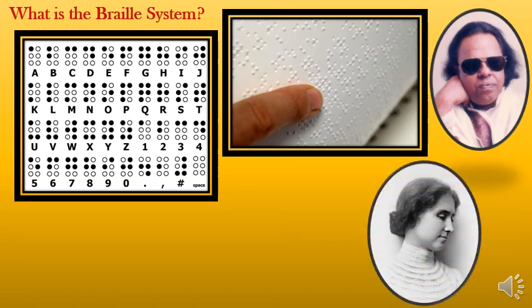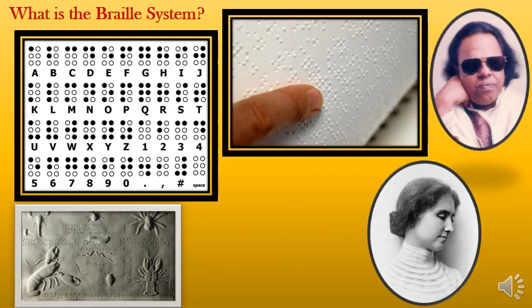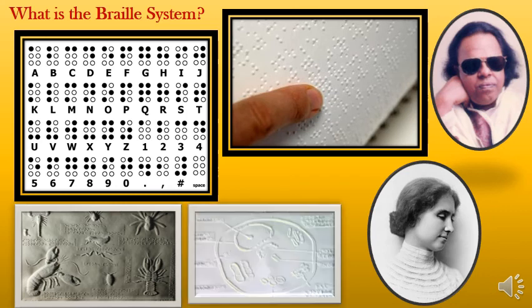Then we know Helen Keller, an American author and lecturer. She lost her sight when she was only 18 months old. She wrote a number of books, and her famous book is The Story of My Life. Here we will see a few pictures, like embossed pictures, biological things, and cells which are developed for visually impaired people.